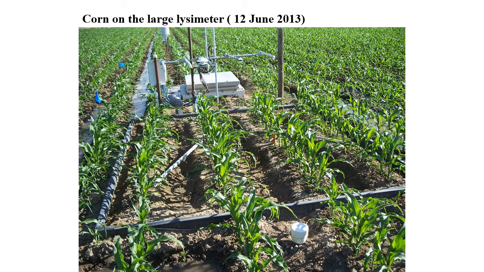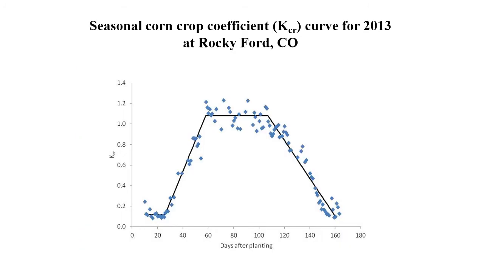And this is all planted to crops so that the surface of the lysimeter represents an actual field, and the surrounding of the lysimeter is maintained or managed in the same manner as the crop inside the lysimeter. This is showing a crop of corn growing on the lysimeter.